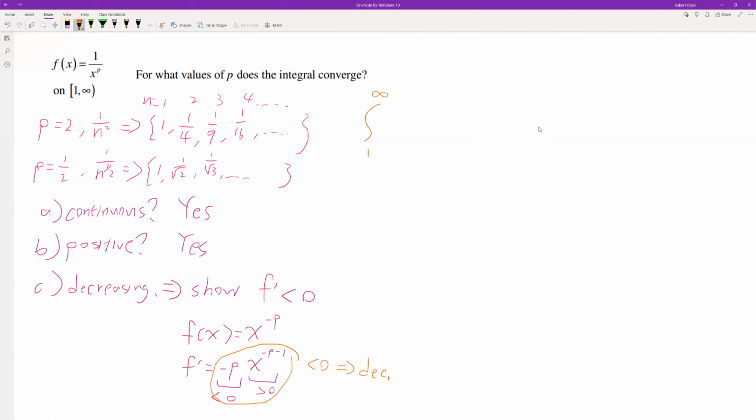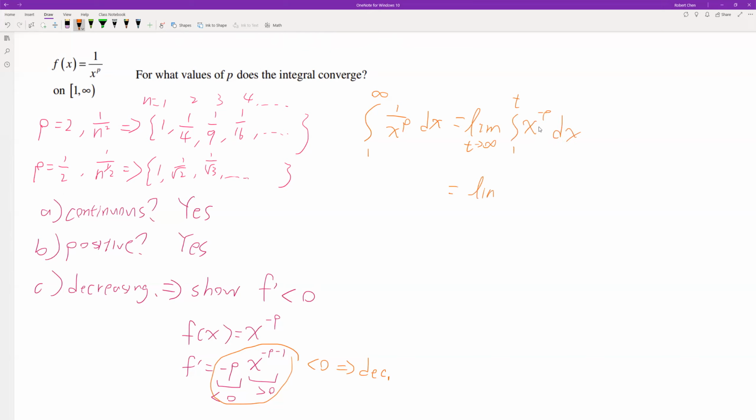Integral from 1 to infinity, 1 over x to the power of p dx. All right, and again, that's an improper integral, so introduce a new variable, t, taking the limit to infinity, going from 1 to t, x to the power of negative p dx.